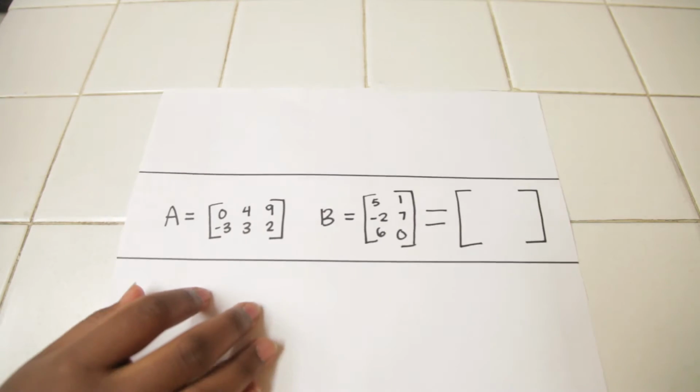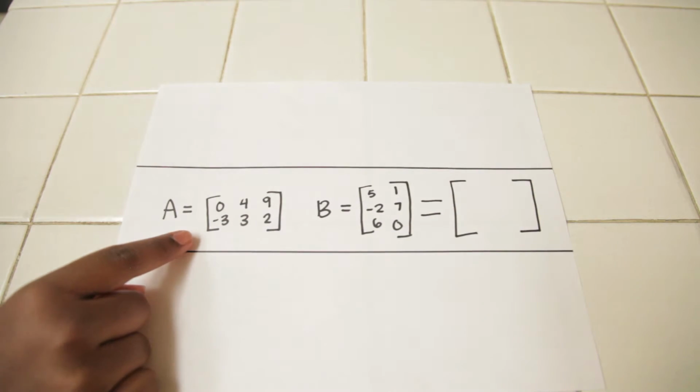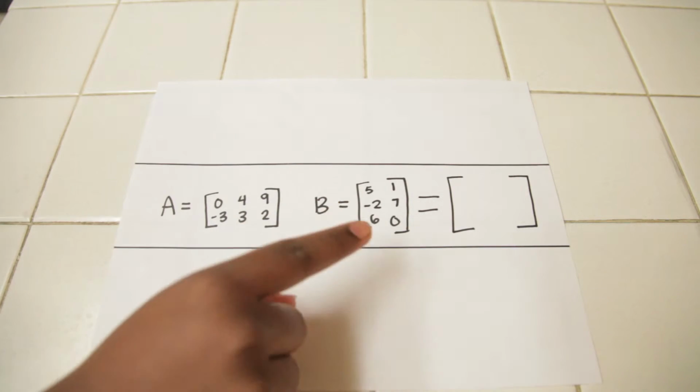You can multiply matrices too, but only if the number of columns in the first matrix equals the number of rows in the second.